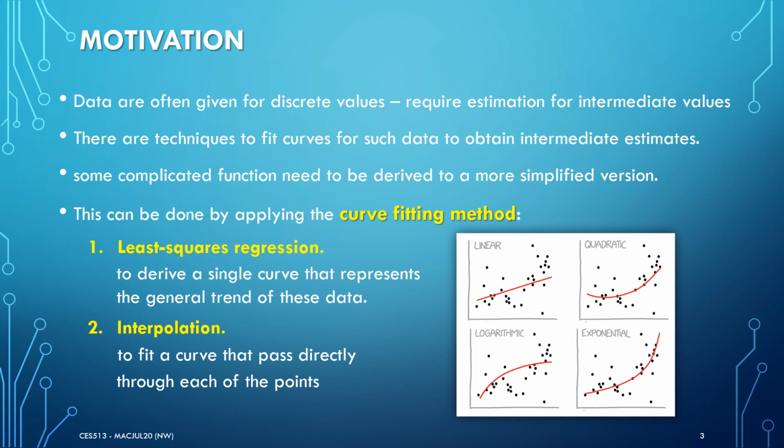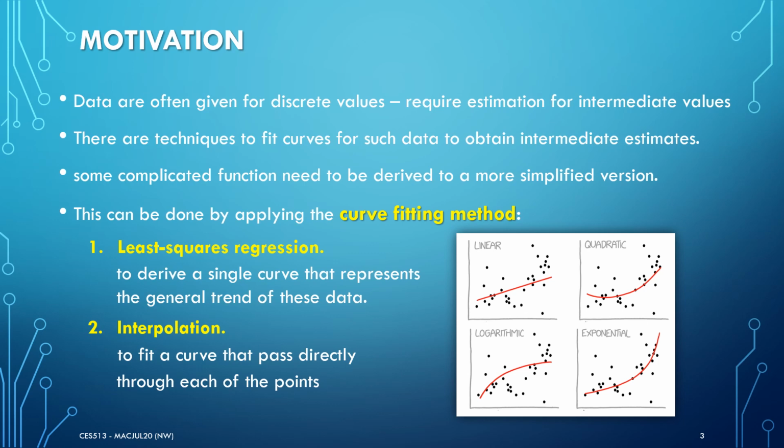For the least squares regression, where data show a significant degree of error, the strategy is to derive a single curve that represents the general trend. Because some individual data may be incorrect, we will make no effort to intersect each point.